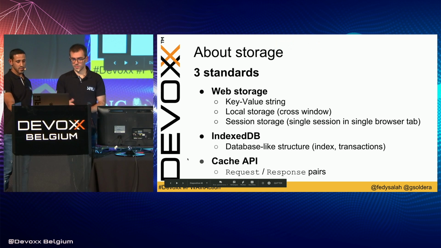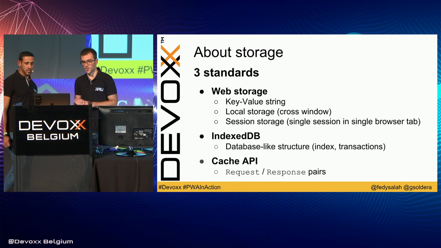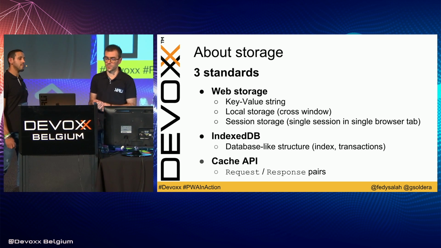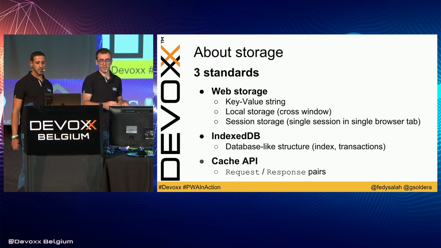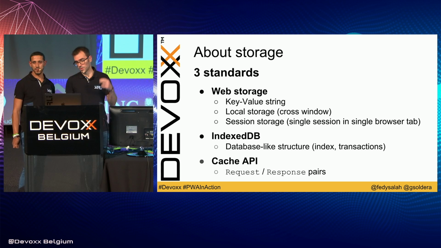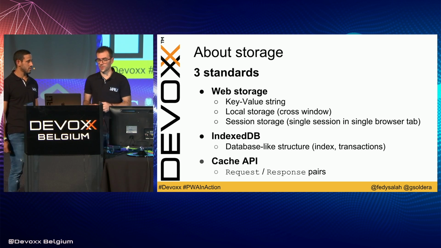Okay, so we have just seen IndexedDB. You have a third storage type. It's the cache API, where you can store request-response pairs. It's useful for service workers, which we will see later.